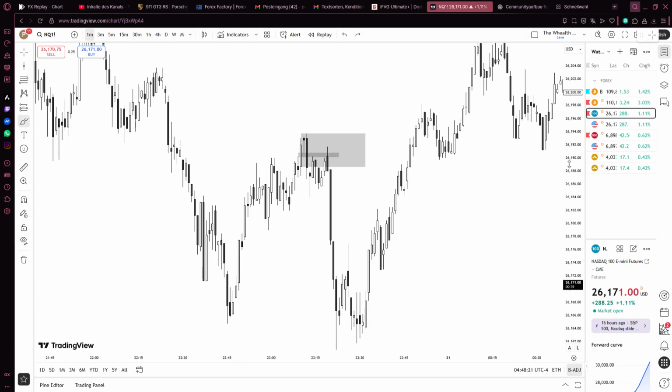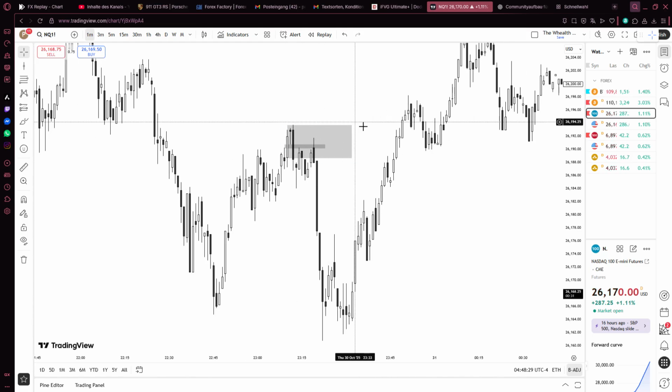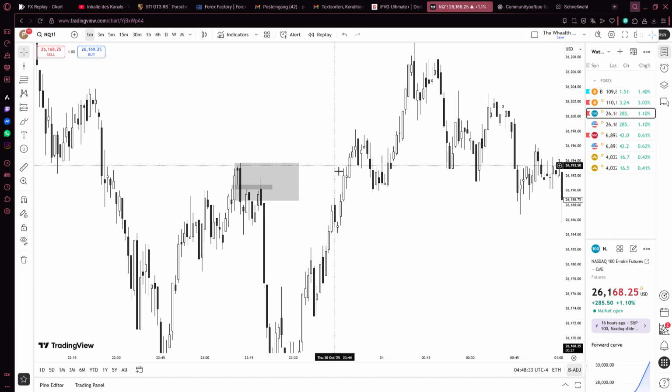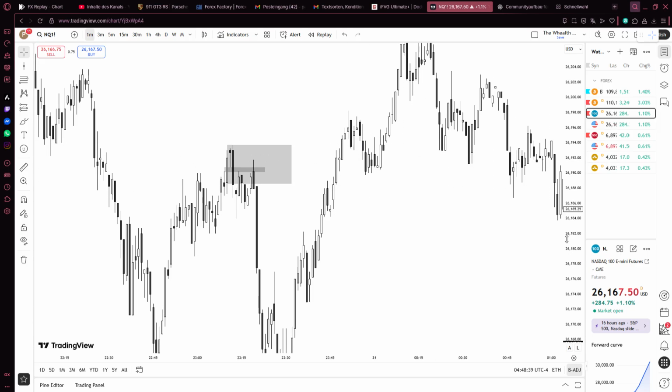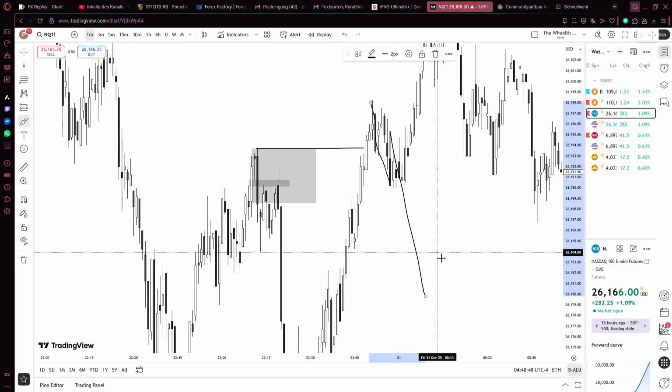So I just showed you how you could spot order blocks and how you could use them. So go into the market and search for order blocks which swept liquidity, of course, because like here we swept liquidity, come back down, and we don't go lower.